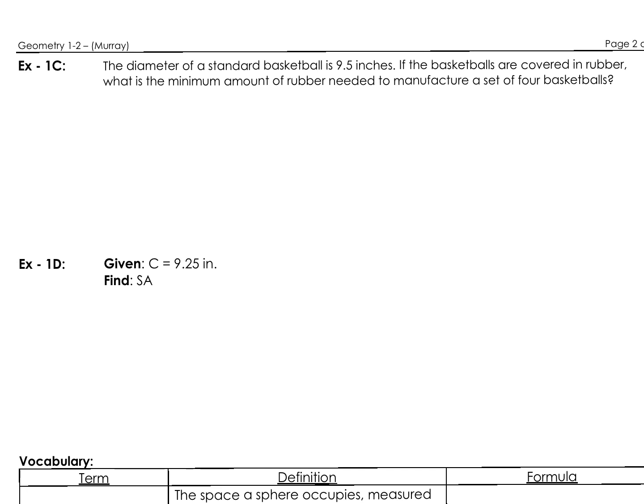Okay, so if we've got a diameter that's 9.5 inches, that means that our radius is half of that, and half of 9.5 is 4.75 inches. If I want the surface area of 1 basketball, I'm going to do 4 pi r squared.